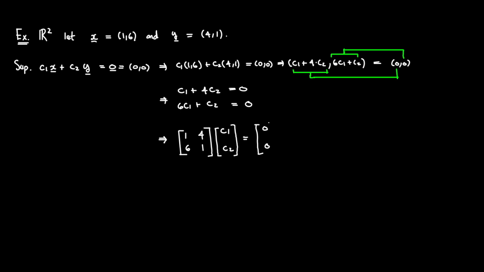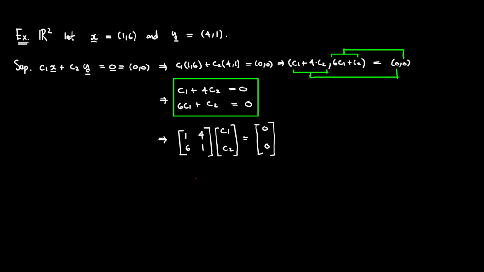The point of writing it like this will become clear in a moment. But just to convince yourself, if you compute this matrix multiplication, you're going to get that this vector is equal to that vector, and the meaning of that equality will be precisely this linear system. That's exactly why we can do this: they mean exactly the same thing.